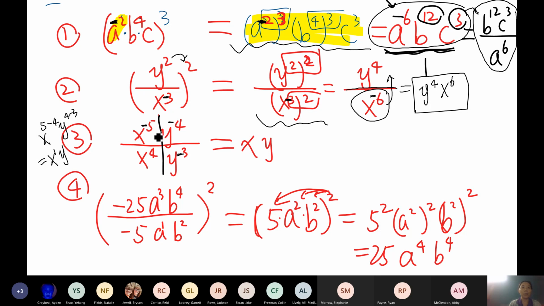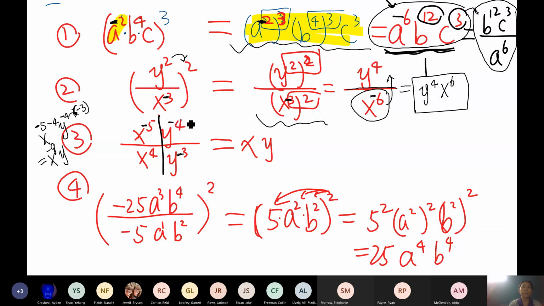But now, when you subtract, it's not going to be 5, it's negative 5. So you're going to be doing negative 5 minus 4, which is negative 9. And also, we don't have 4 minus 3. We have negative 4 minus negative 3. Especially this part right here.